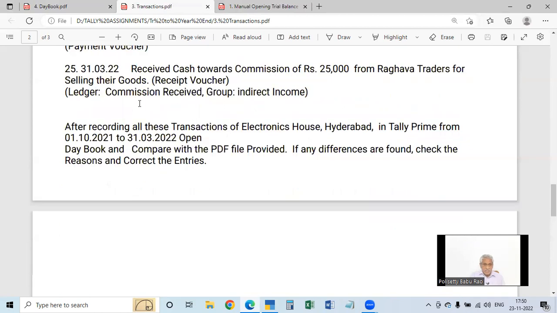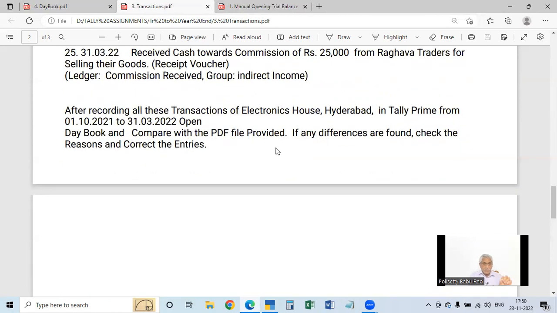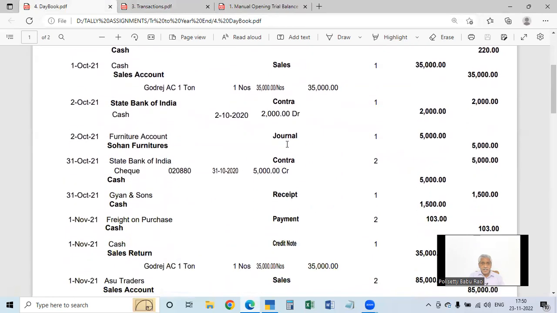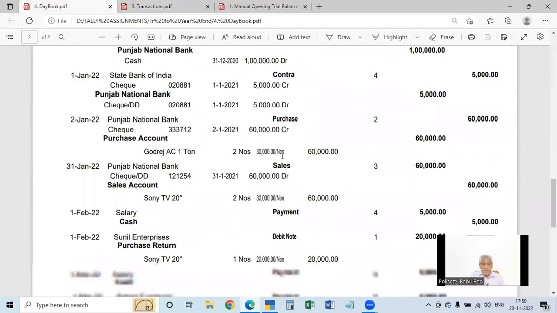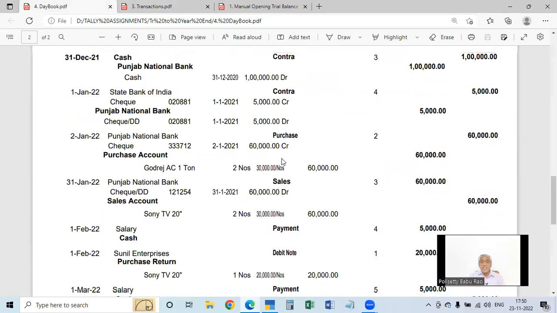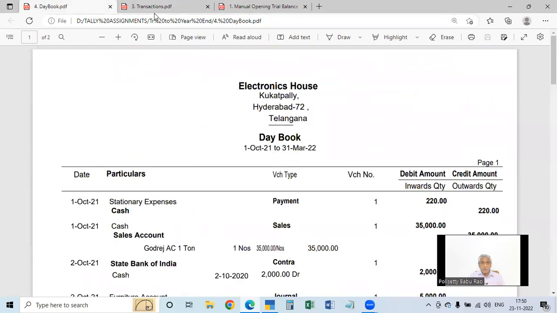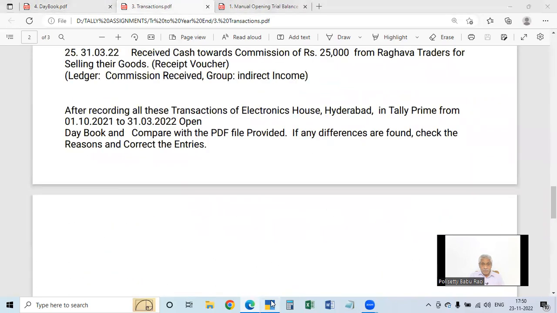Now, after completing these transactions, our day book should tally with the day book prepared already. Our books should tally with this day book. First of all, we will not enter here.